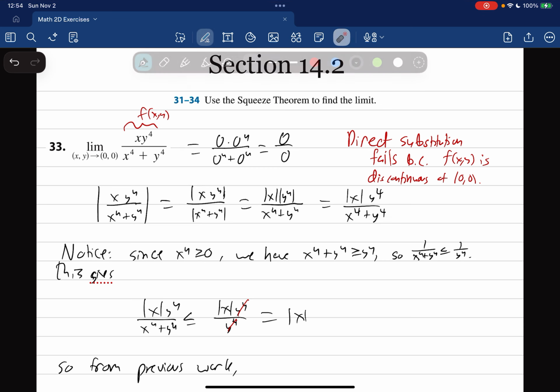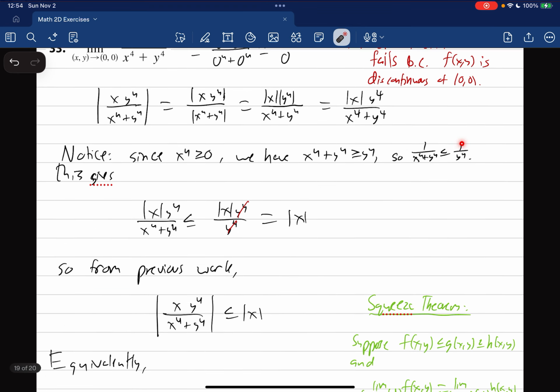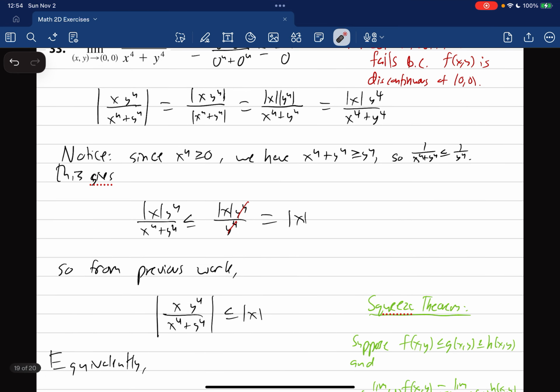And the key thing to notice for this solution is that this denominator here is at least y to the 4th, because x to the 4th is always positive. So when you take reciprocals, you get this bound right here. And by using this bound, you can kill off the y to the 4ths and be left with something whose limit is easy to compute.